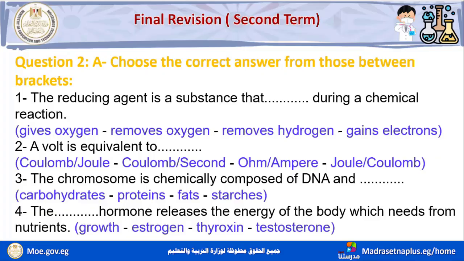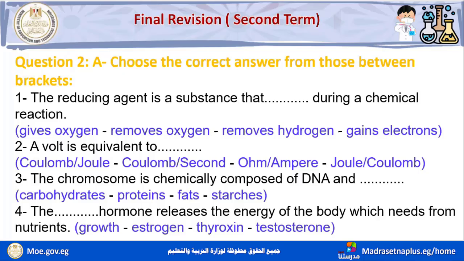Question number 2, letter A. Choose the correct answer from those between brackets. Number 1, the reducing agent is the substance that blank during a chemical reaction: gives oxygen, removes oxygen, removes hydrogen, gains electrons.